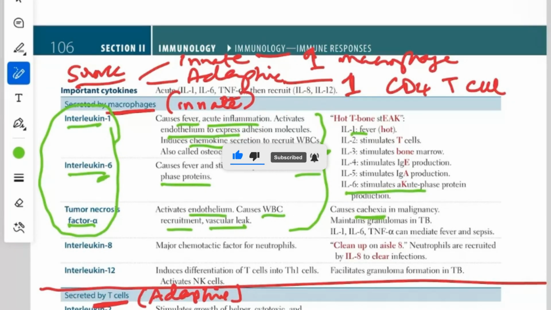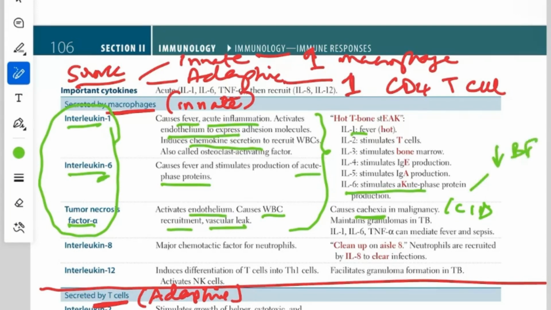This happens in malignancy or chronic inflammatory disorders. The person will lose body fat; there's a reduction in body fat and muscle mass. Part of the reason for that is low appetite. It's just low appetite.